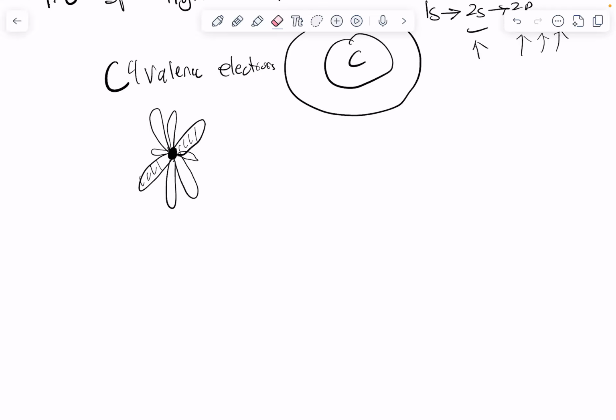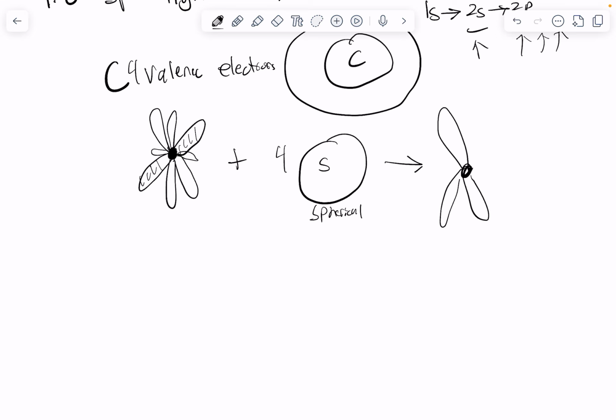And then we're going to combine it with 4 hydrogens. And remember, the hydrogens are just 1s, so they just have the spherical. And the way we can visualize it with this sp3 hybridization is like this. So we're just going to do this for contrast.